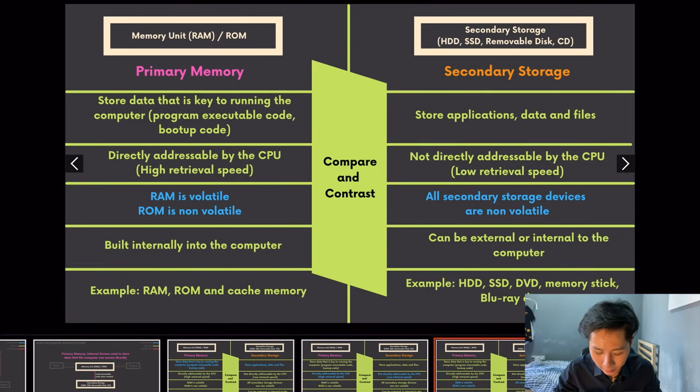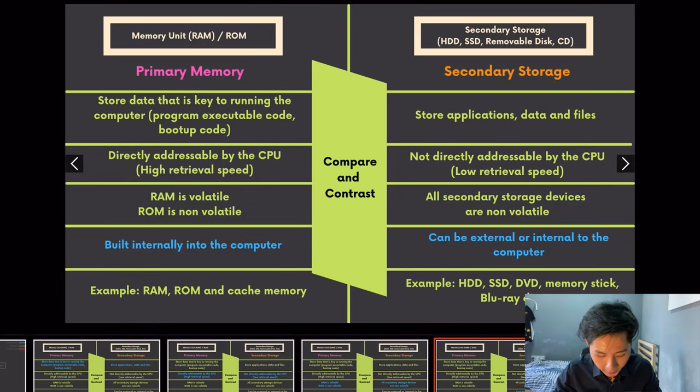And here they said all secondary storage devices are non-volatile, but for primary memory, RAM is volatile and ROM is non-volatile. Volatility basically means whether the data will still be there when you turn off the computer. And every storage that we are going to learn about will be non-volatile except for RAM.